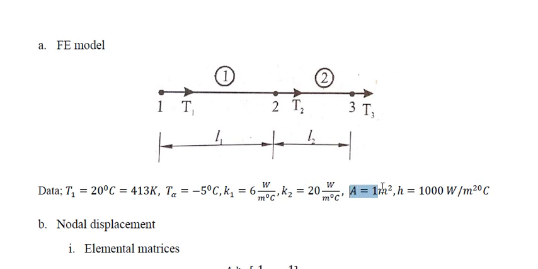The most important point is: what is the cross sectional area? In most wall problems, the cross sectional area is not given. We should assume it as 1 meter square. Listen carefully, it is required during substitution.